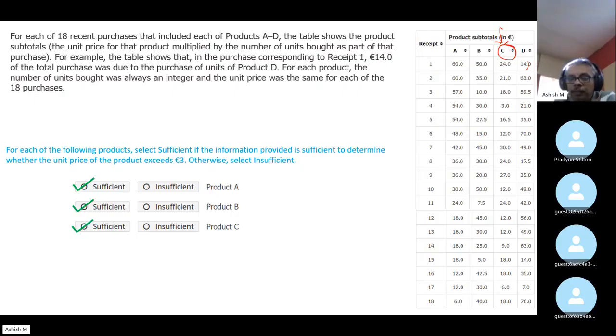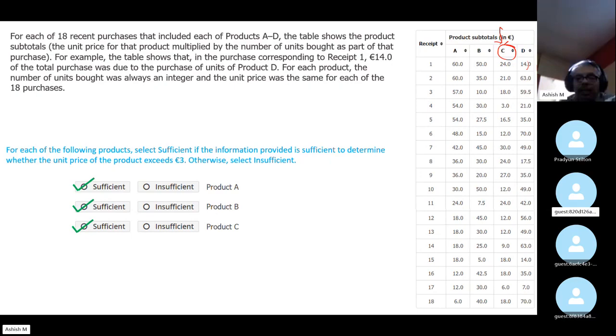Even that 16.5 is divisible by 1.5, which is why it is 1.5. If that 16.5 wasn't there, then it would have been 3. Fine, and the same goes for B, where it is 2.5. Fair enough.